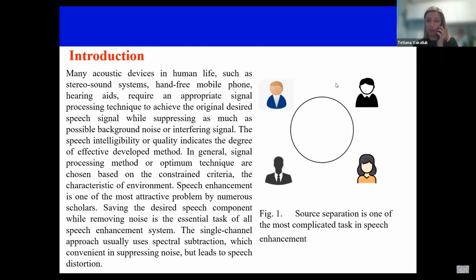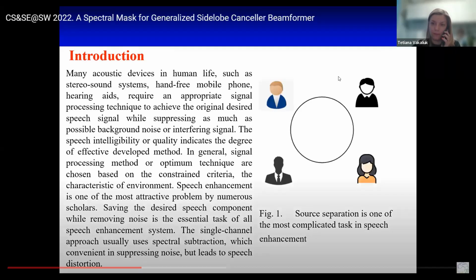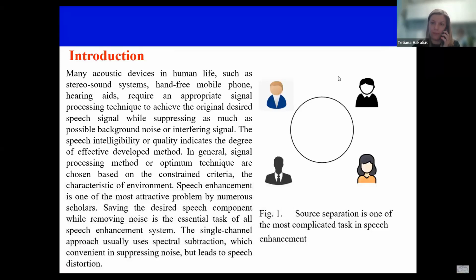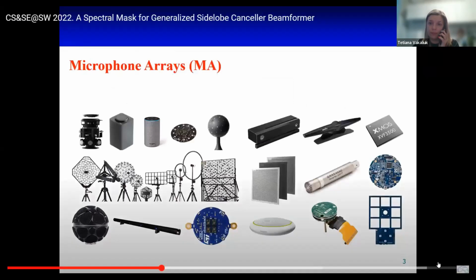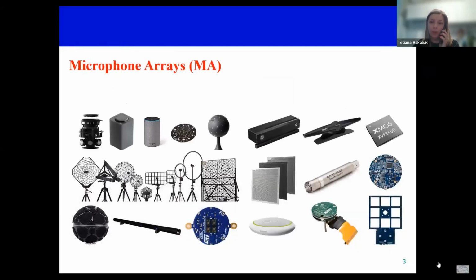Therefore, the use of microphone arrays is one of the most widely common methods. As figure 1 presents, we can see that there are many speech applications which can be used in industry.